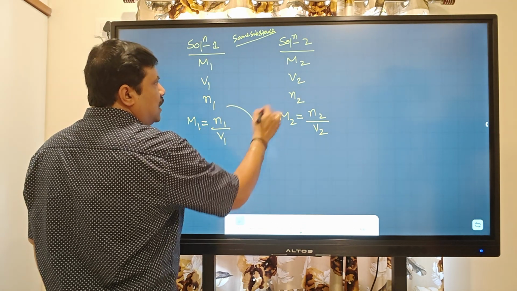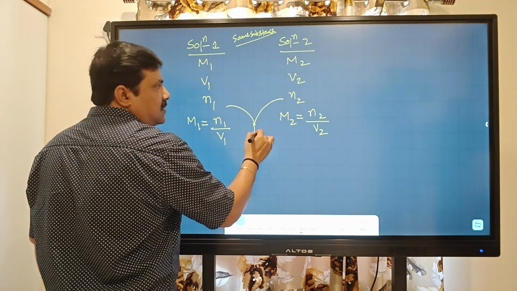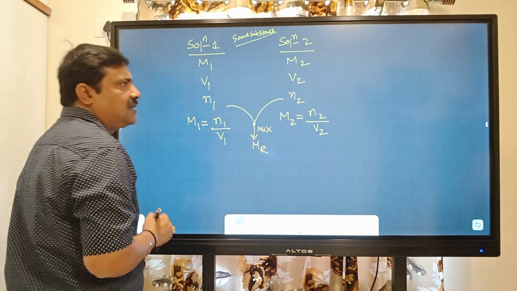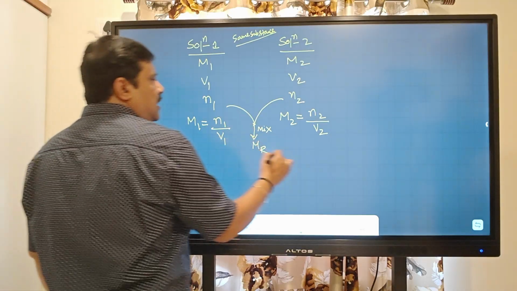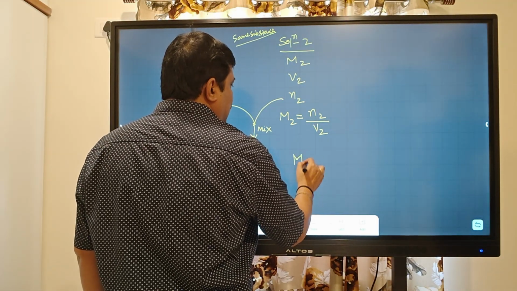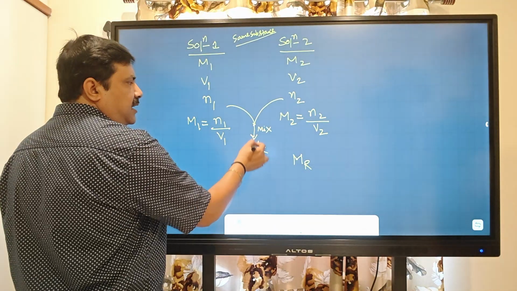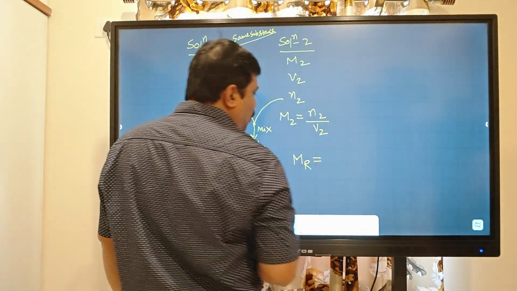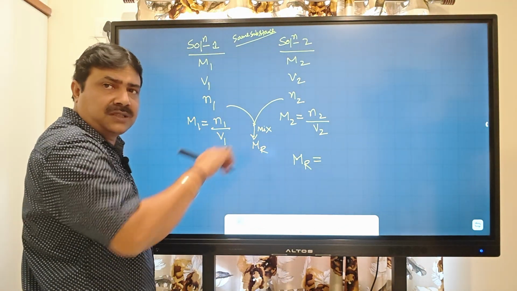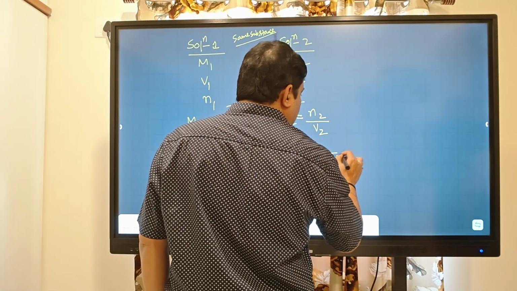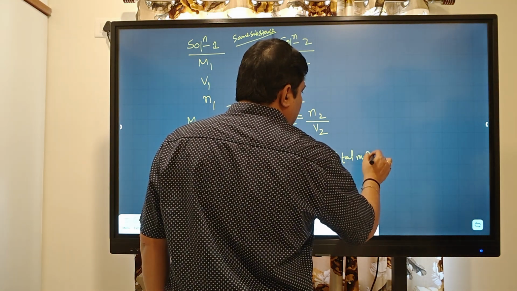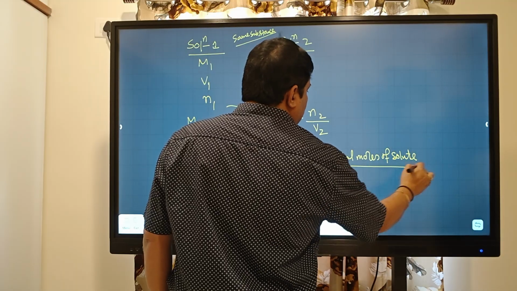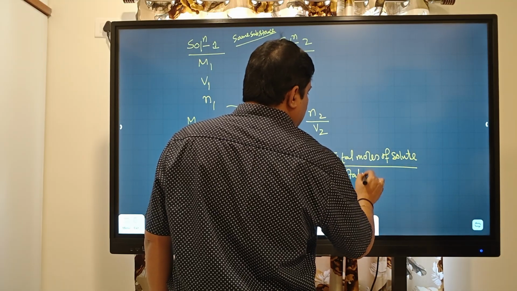Now whenever we mix these two solutions of the same substance and ask for the resultant molarity, the resultant molarity, represented by MR, equals total moles of solute by total volume of solution.